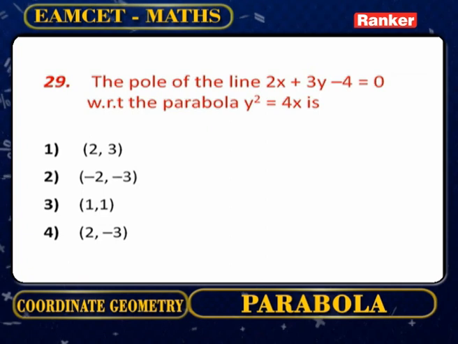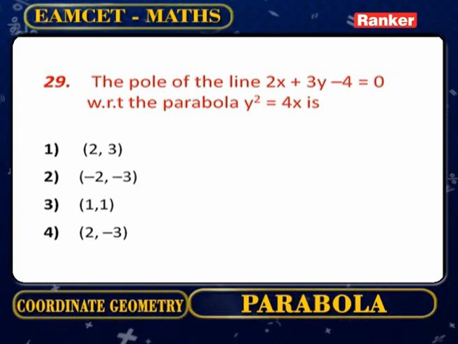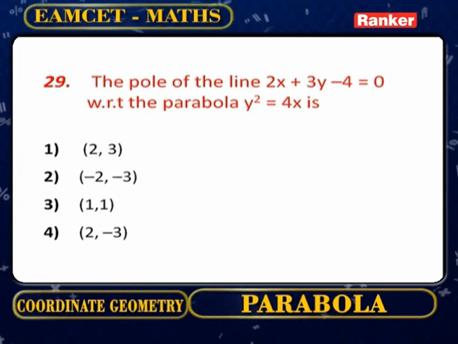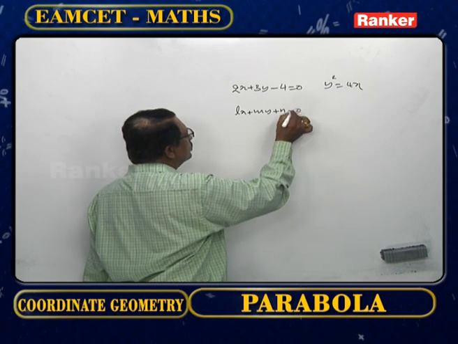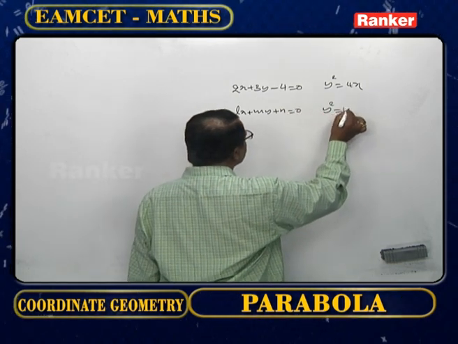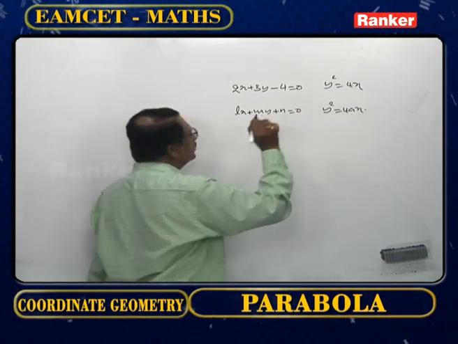The pole of the line 2x plus 3y minus 4 equals 0 with respect to the parabola y square equals 4x. Suppose the line equation is Lx plus My plus n equals 0 and the parabola equation is y square equals 4ax, the standard equation.